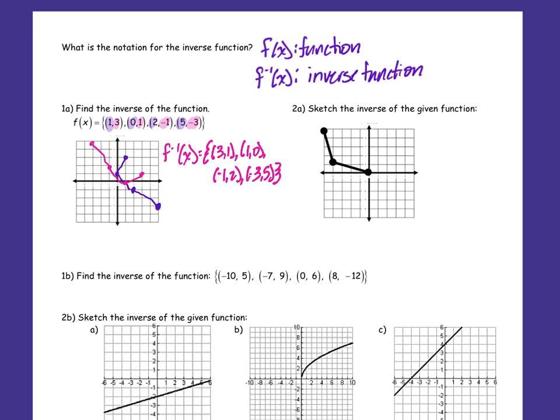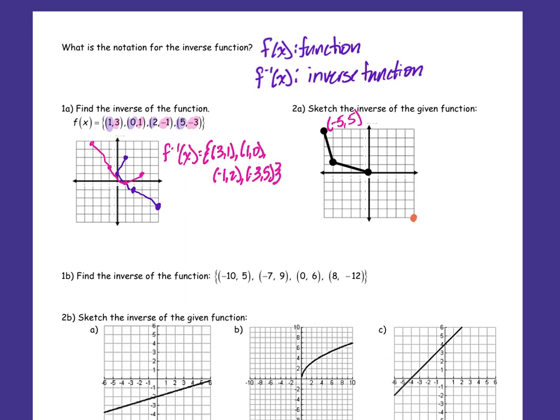Okay, so if I'm just given a picture, a graph, how do I find the inverse? Again, I'm just going to take my points and flip the x and the y. So I'm going to write my points down. Negative 5, 5 becomes 5, negative 5, so my inverse point would be down here.